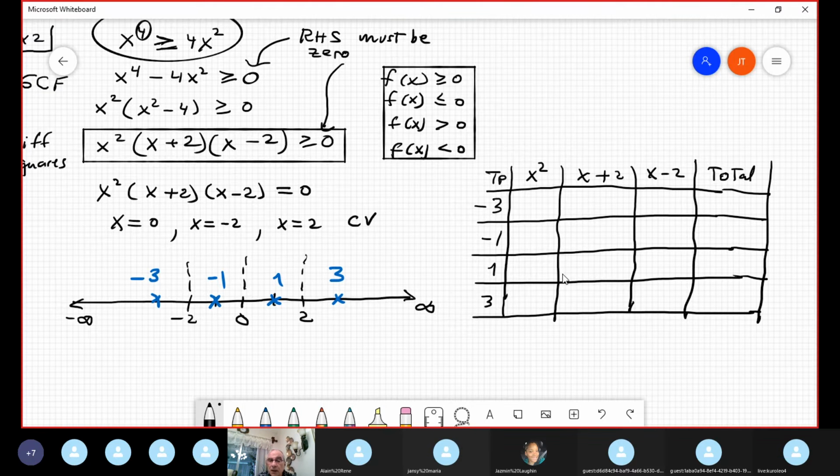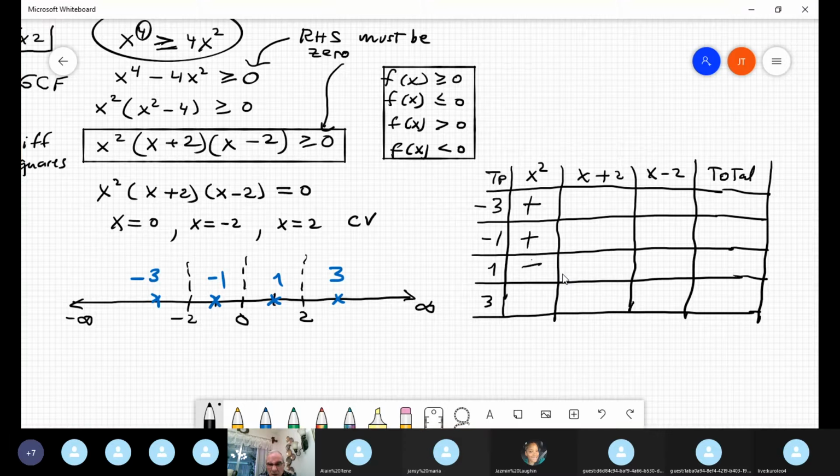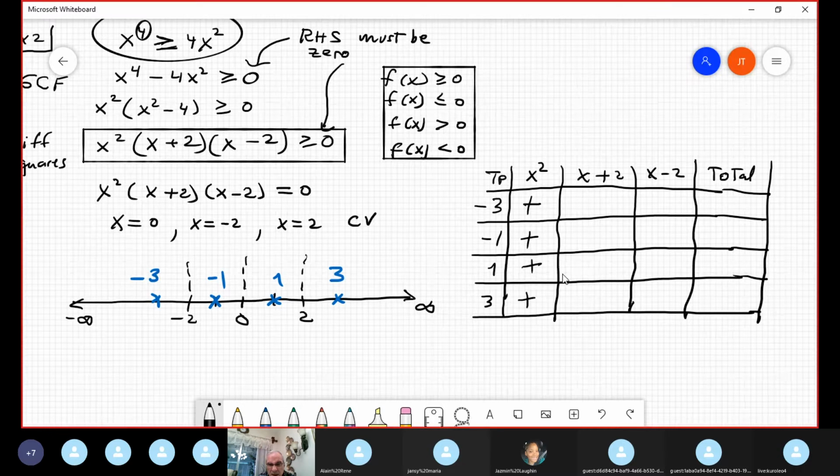Okay, but I bring this example to illustrate one new idea. The first column, x squared, is always positive, yes or no? Because it doesn't matter whether the number is negative or positive, when you square it, it becomes positive. So I explain that the positive is not important in the analysis.